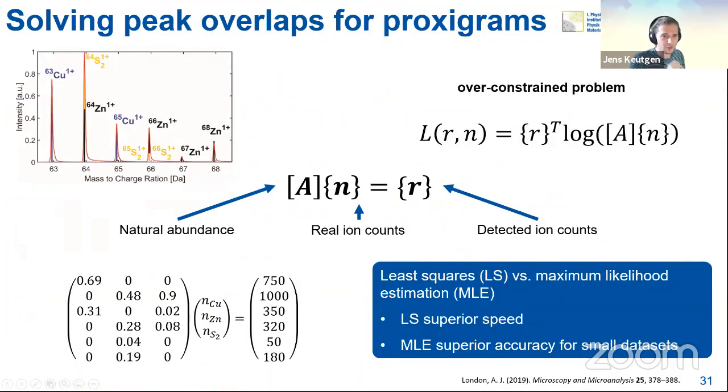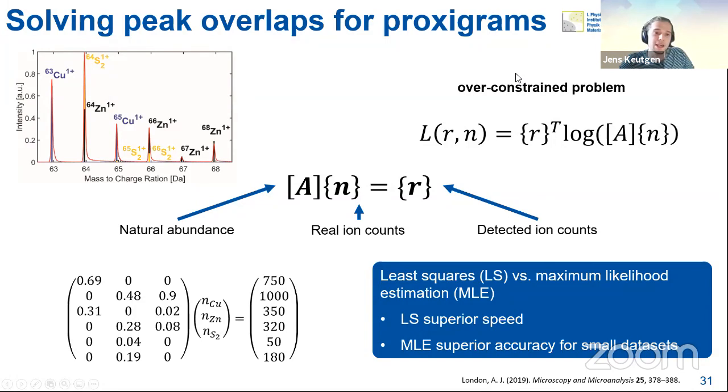And now for a bit of a shift. This was the initial reason why we developed this, and later we had some other things that we needed to solve, which for us was peak solving of overlaps for proximity histograms, where especially at interfaces between two materials the chances are really high that you have overlaps due to the large number of ions. And there was no other way for us to do this without coding it ourselves.